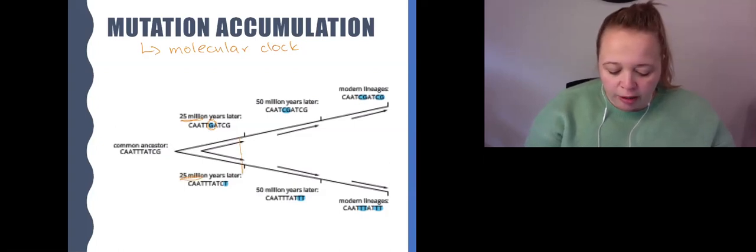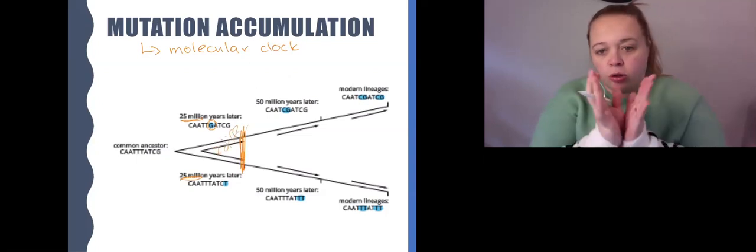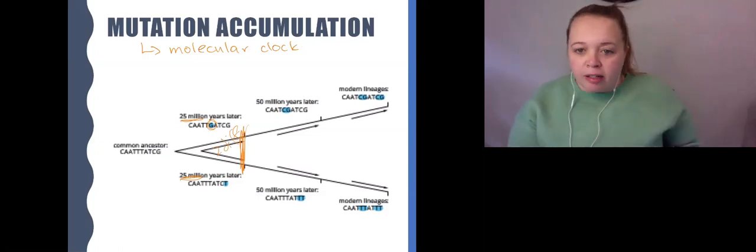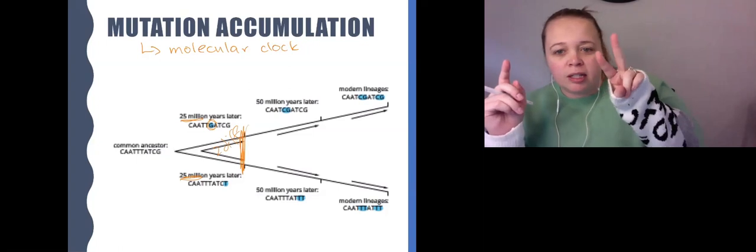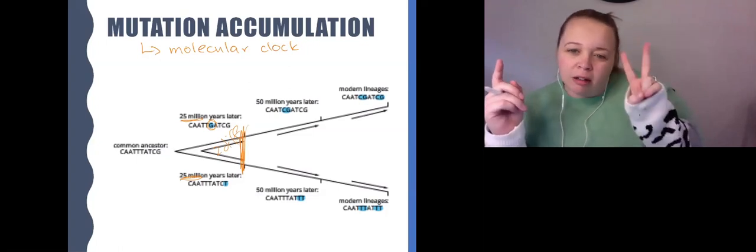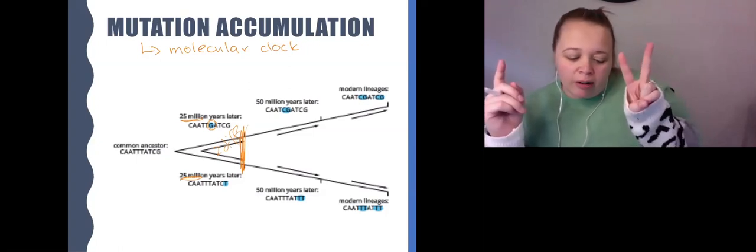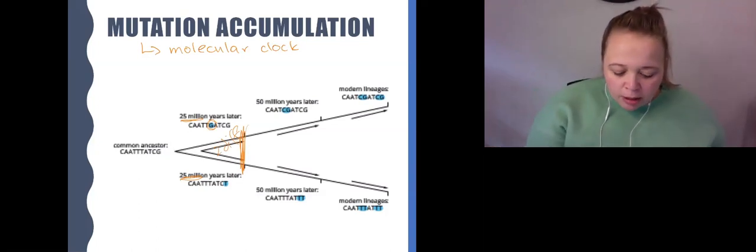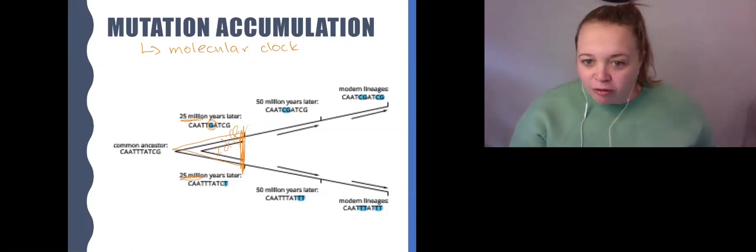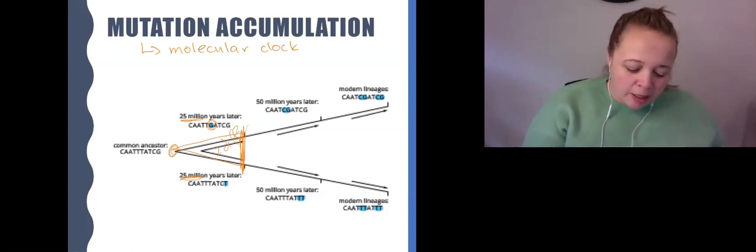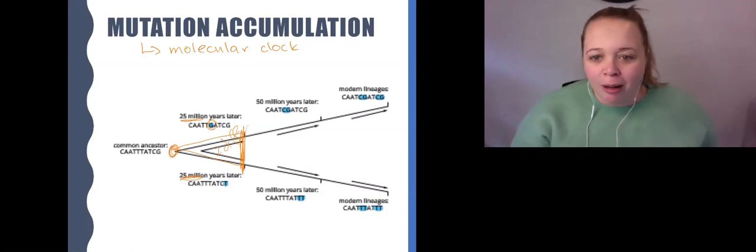And so therefore at 25 million years, I should see there are actually two differences in the DNA because there's two branches that have come off and done that. And that's how I can actually use that and go, okay, there's two differences between these two species. I know that this section mutates at a rate of one mutation on average every 25 million years. So I can determine that they split from a common ancestor 25 million years ago.